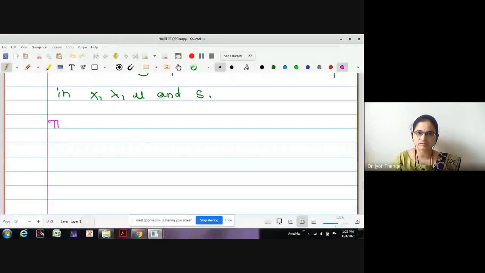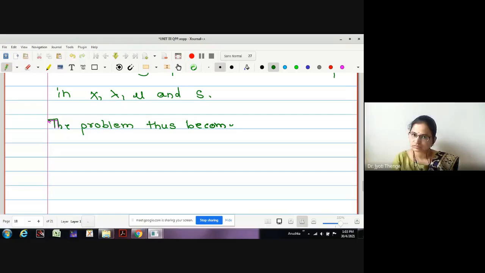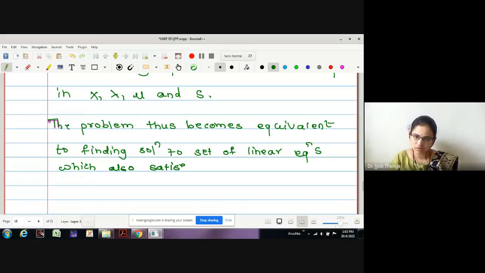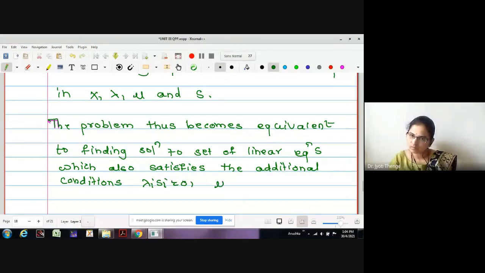Now the problem has thus become equivalent to finding a solution to a set of linear equations which also satisfies the additional conditions, with x greater than or equal to 0.